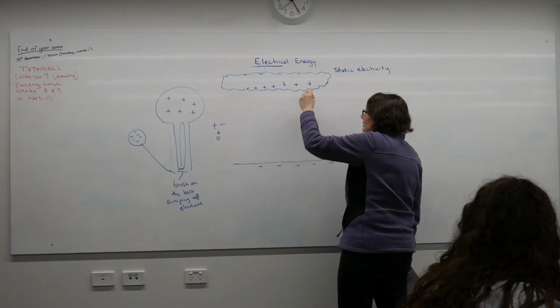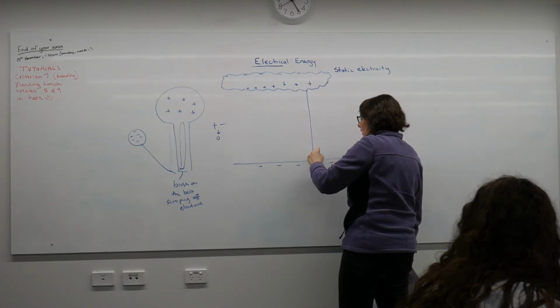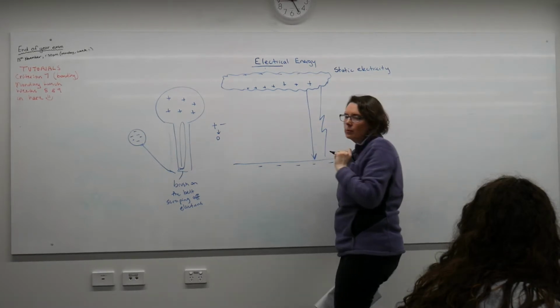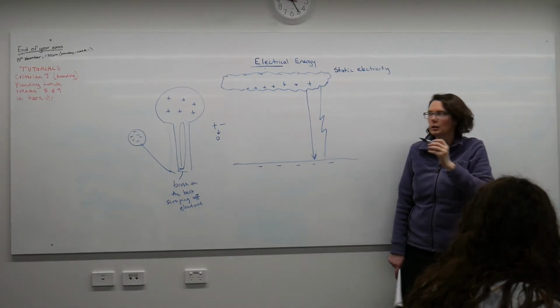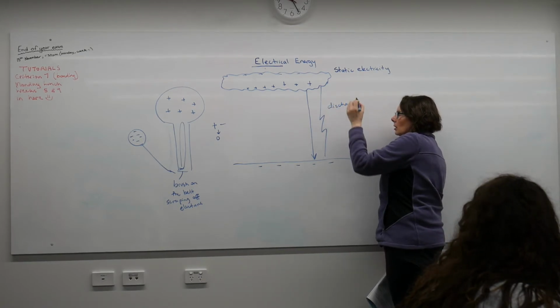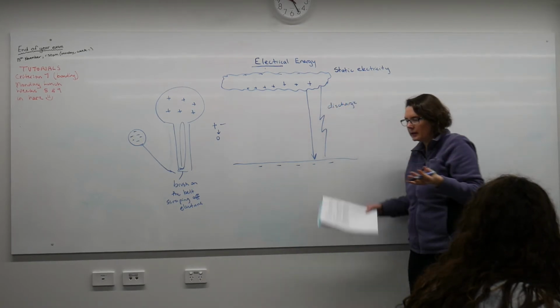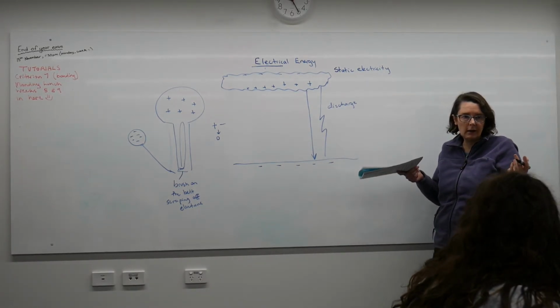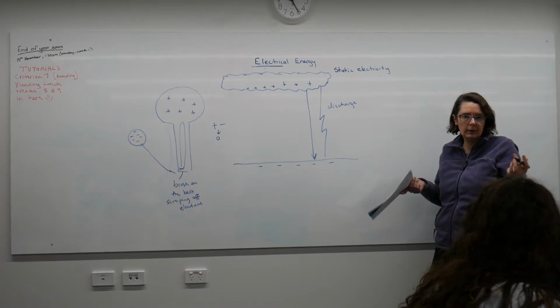And at some point, we'll have a discharge with lightning, where we even out the charges between the cloud and the ground.